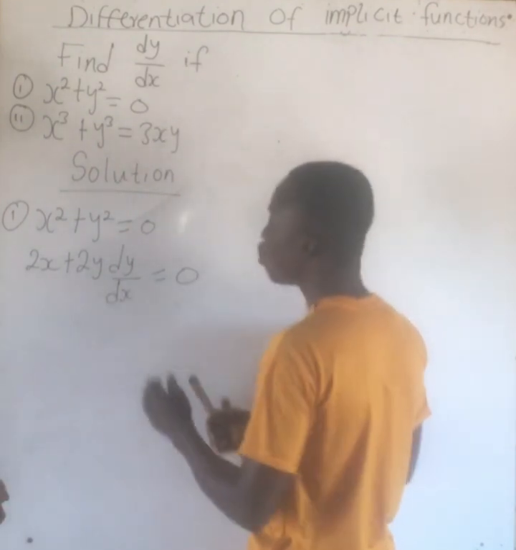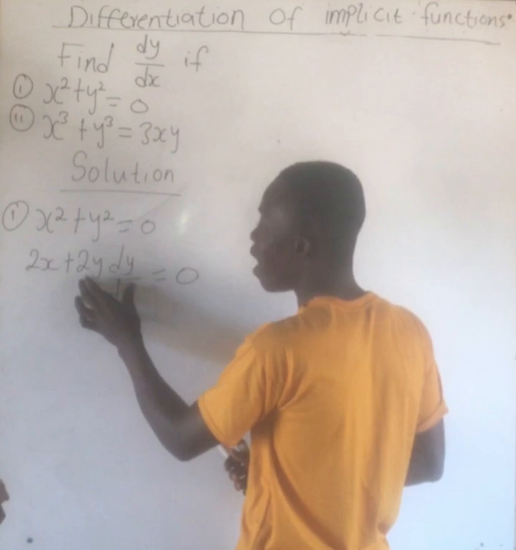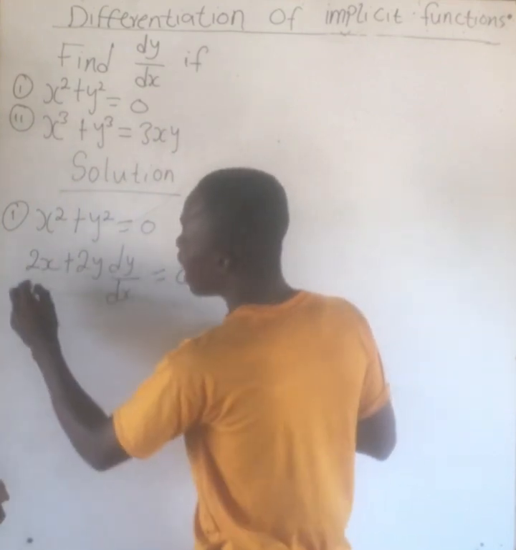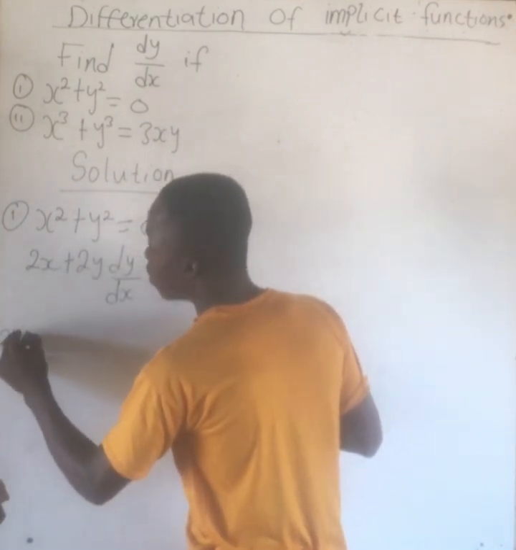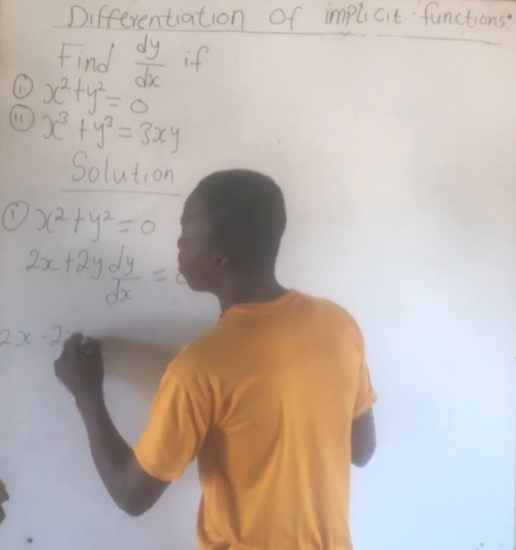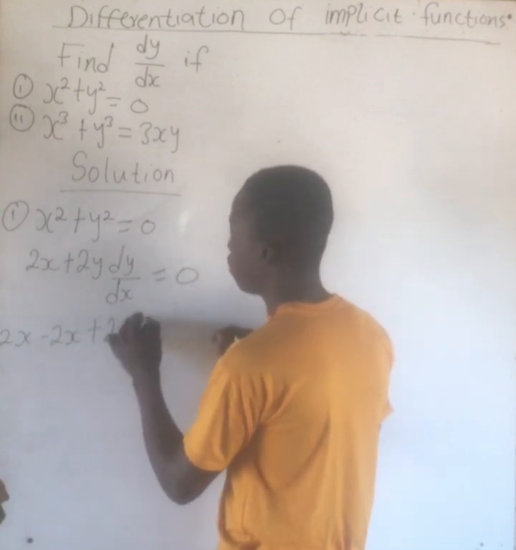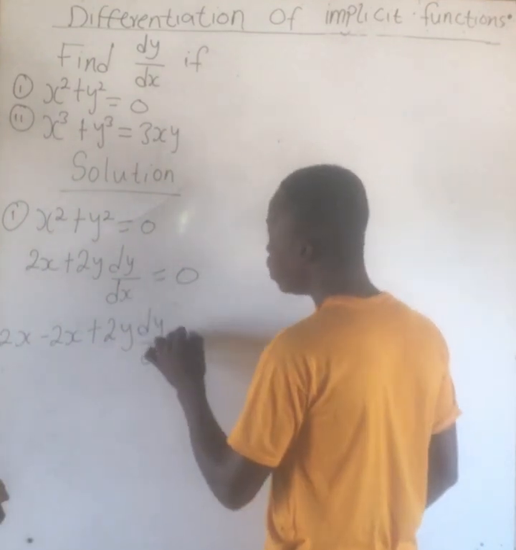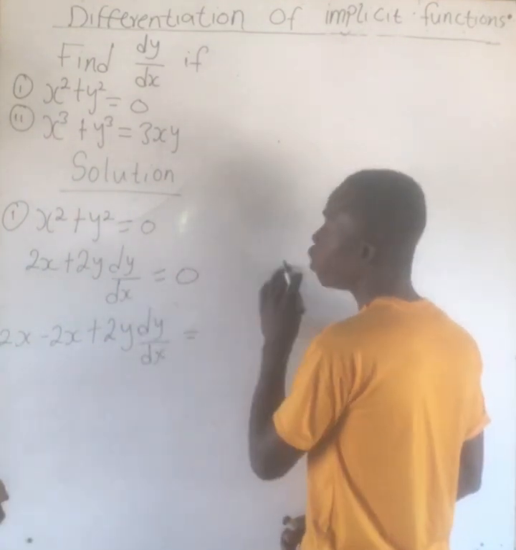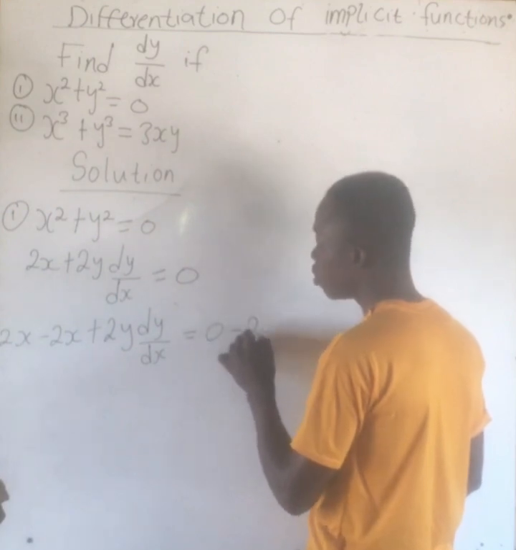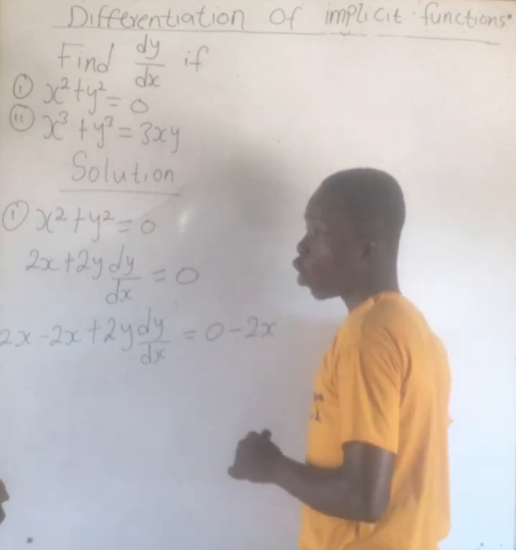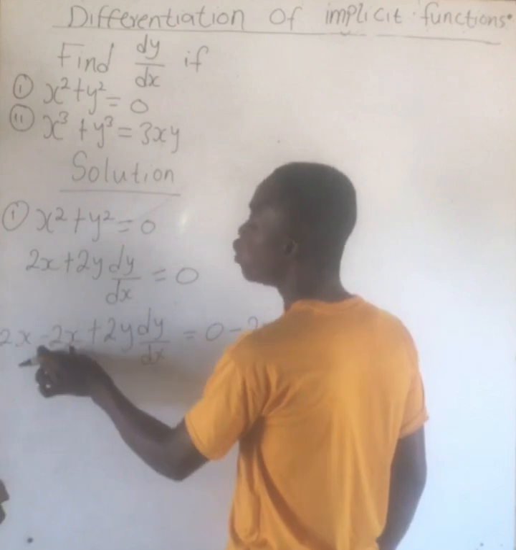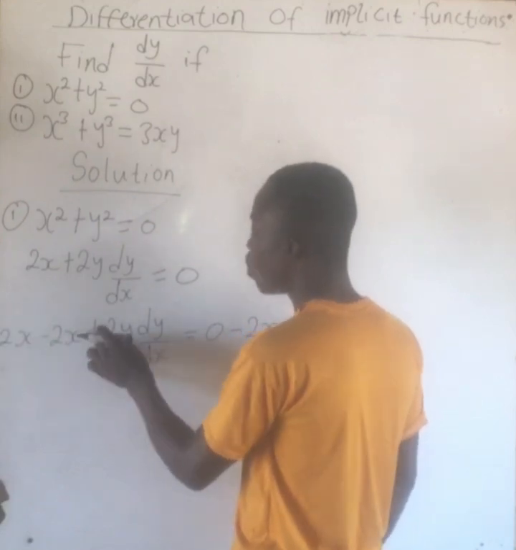Here I'll have 2x minus 2x plus 2y dy over dx should be equal to 0 minus 2x. Now you can see that 2x minus 2x will give you 0, and then 0 plus this will give you this.